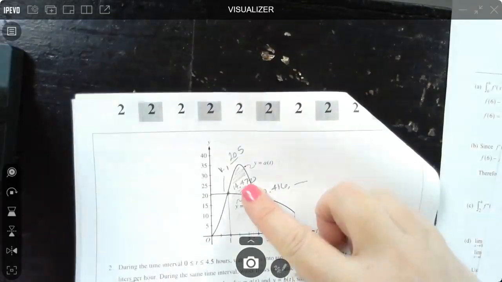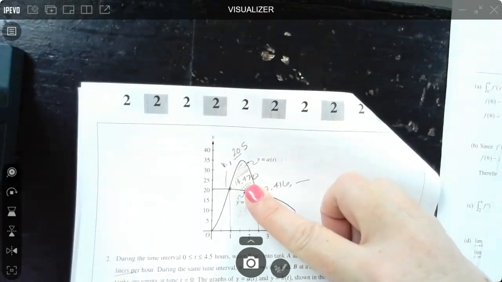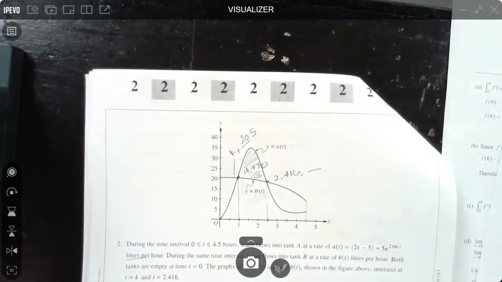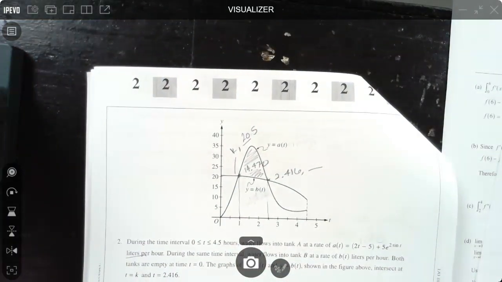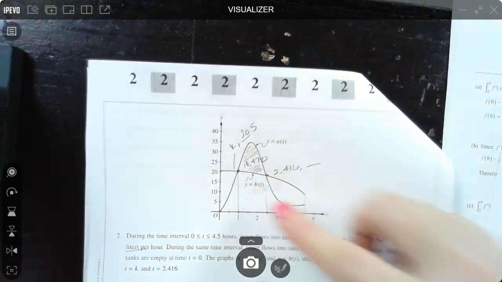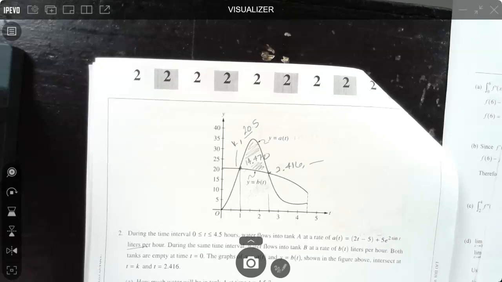I colored this in so I'd know what I was looking at. Okay, so if this is 14.47, they want to know how much was in tank B, which is this part down here, right? Does that make sense?